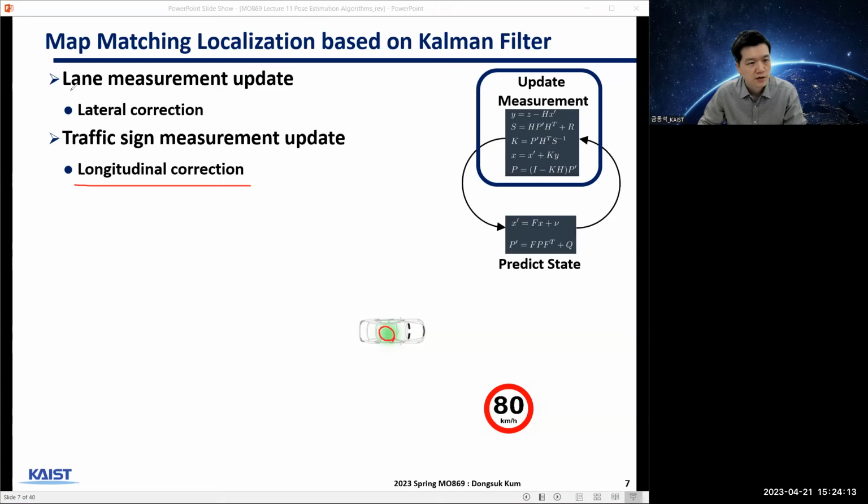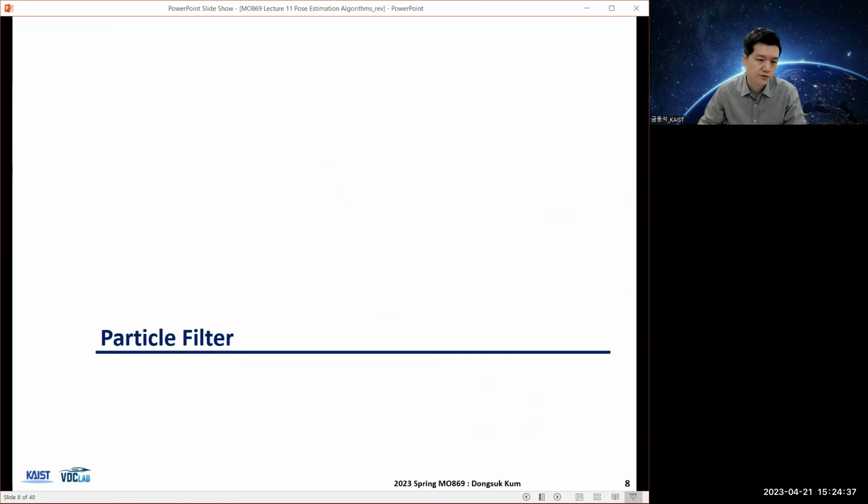So here, lane and traffic sign are used as sort of landmarks, and we can use that to keep the distribution small and bounded. Okay, so it doesn't diverge. So this continues, okay?